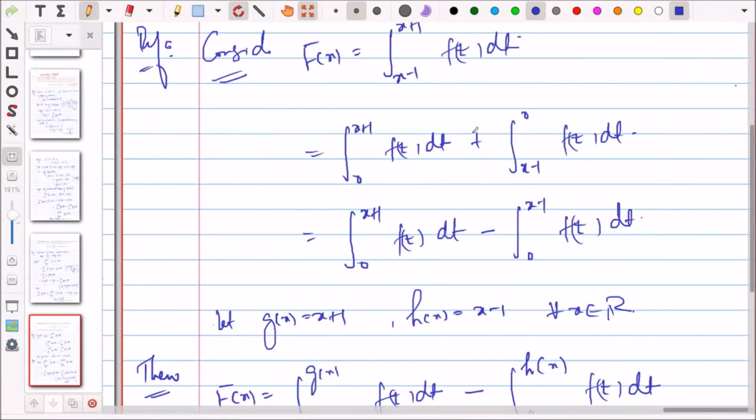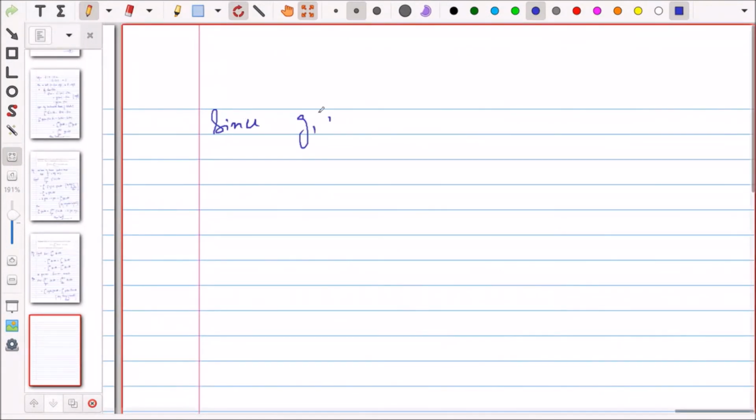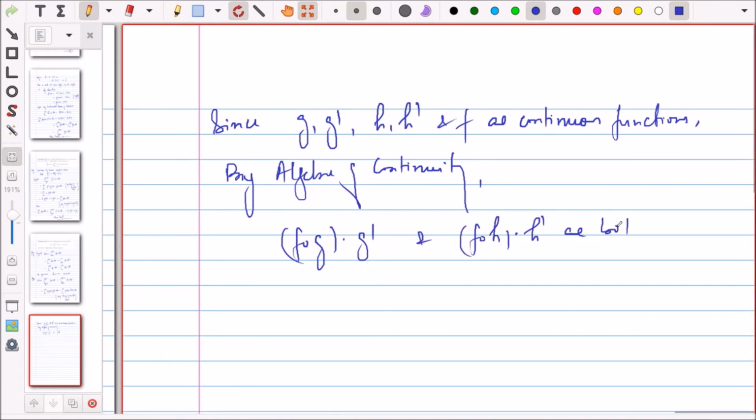So by algebra of continuity, since g, g', h, h', and f are continuous functions, f(g) times g' and f(h) times h' are both continuous functions on their respective domains.